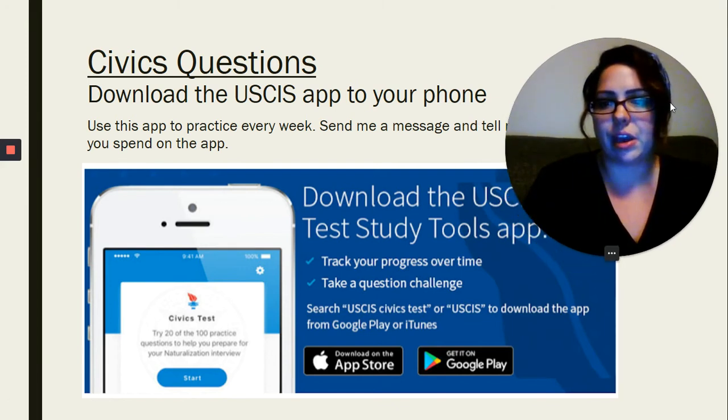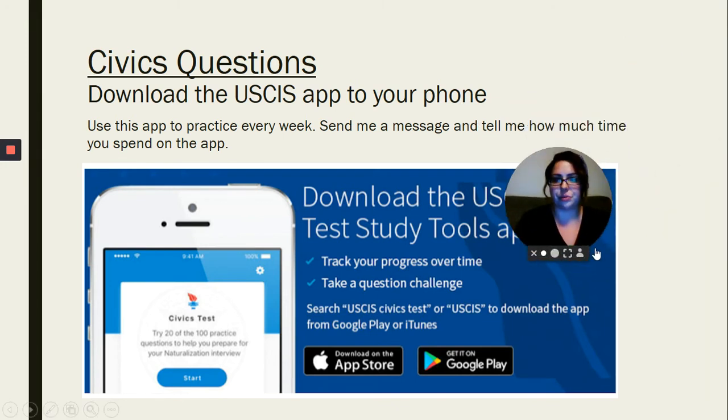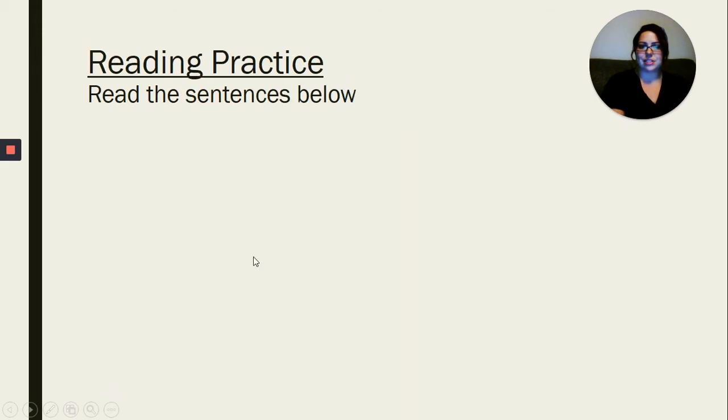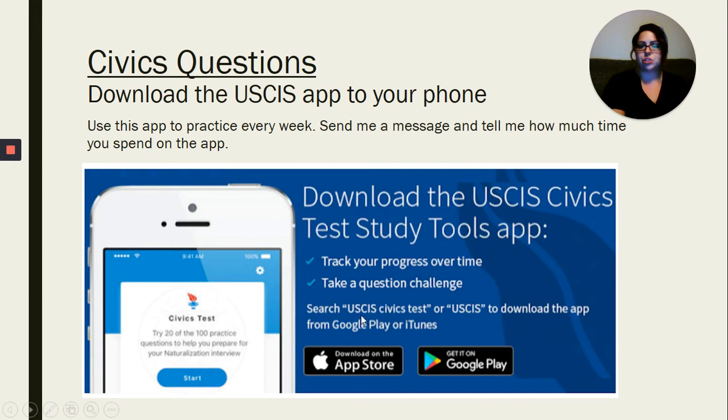The other thing I would like for you to do is to download the USCIS app to your phone. If you have an iPhone, you would go to the App Store and you would search USCIS Civics Test, or just USCIS.